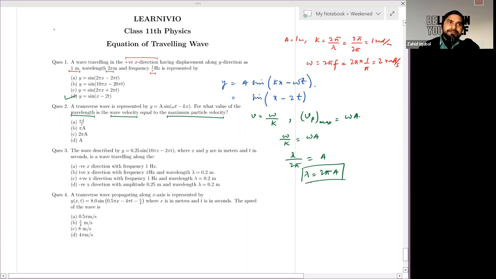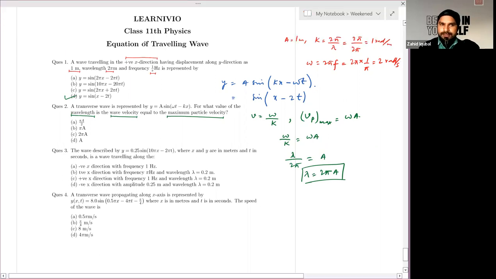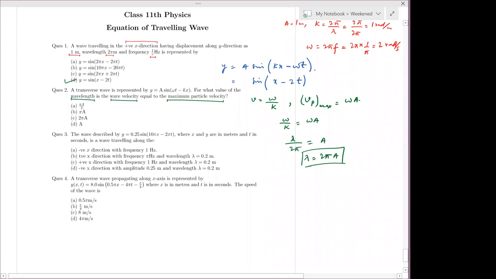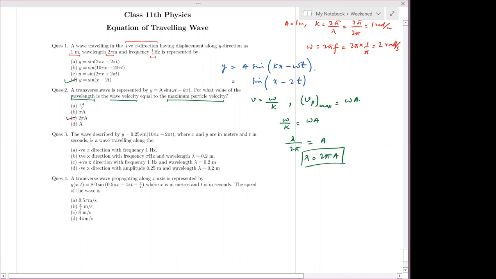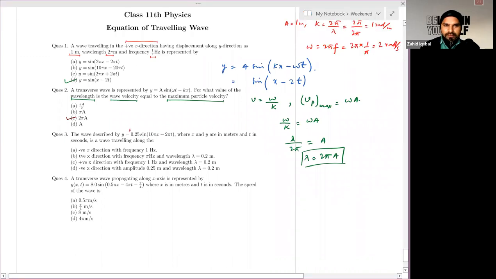Good, Mamuna. Matthew, is it clear? So which option will be correct? It's option C. C, yeah. Good. Next question is a wave described by this. So this term will be amplitude. Coefficient of x will be k and coefficient of t will be omega.